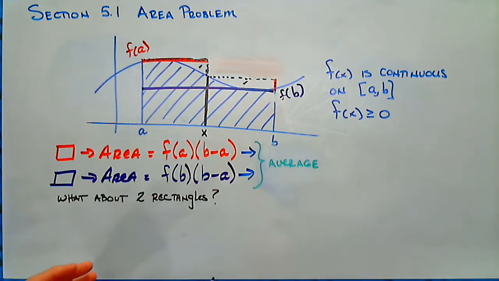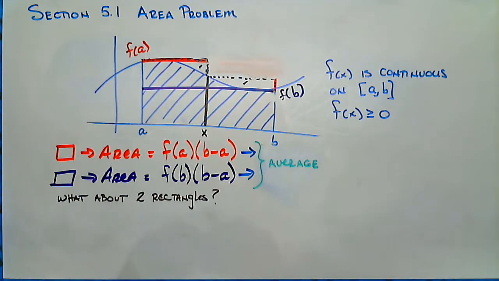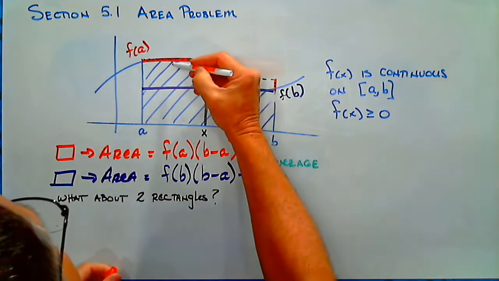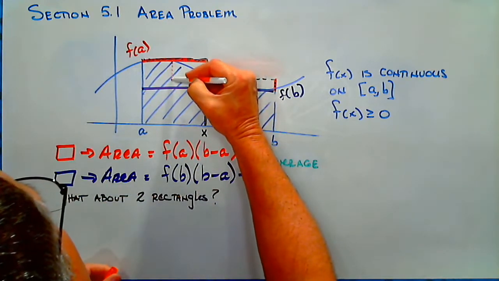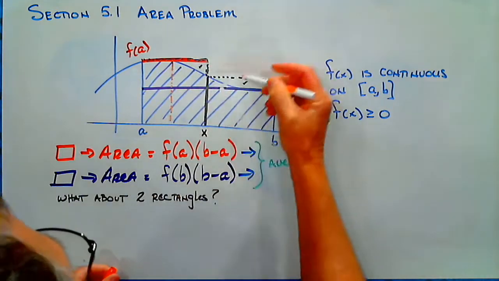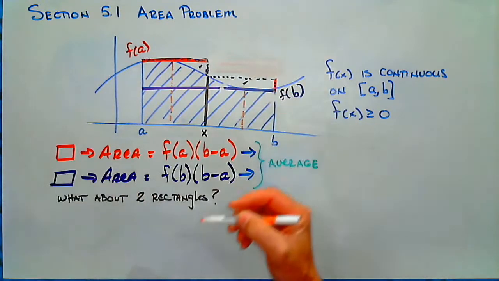So then the question becomes, if two rectangles got us a better answer than one rectangle, will more than two rectangles get us a better answer than two rectangles? What would happen if instead of two rectangles, we once again split this, and instead of two rectangles, we split it into four rectangles?